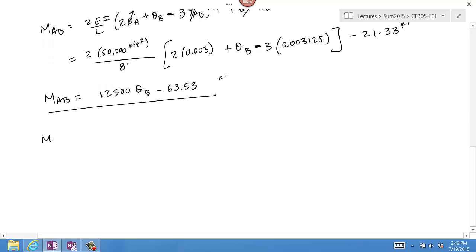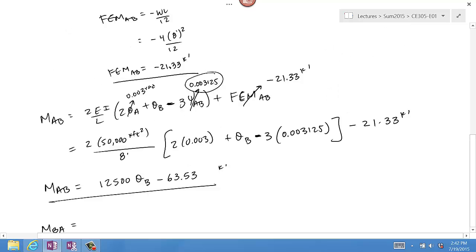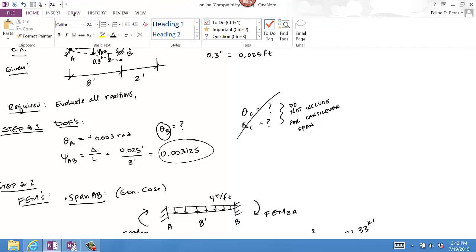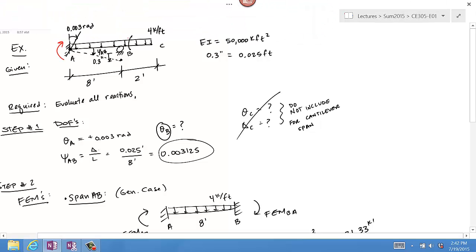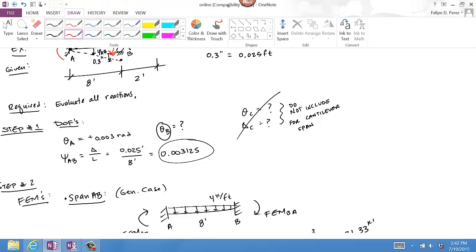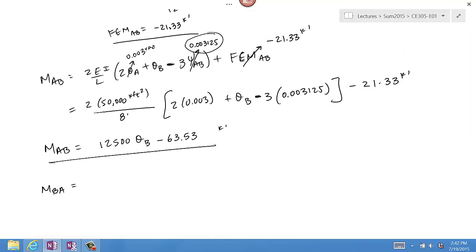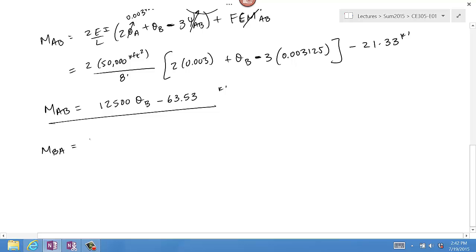We write out the slope deflection equation for MBA. If you look carefully, what we're doing is defining a slope deflection equation here, right? And then this one, BC, we'll know what that is from statics again. So MBA is 2EI over L, 2 theta B plus theta A minus 3 psi AB plus fixed end moment BA.